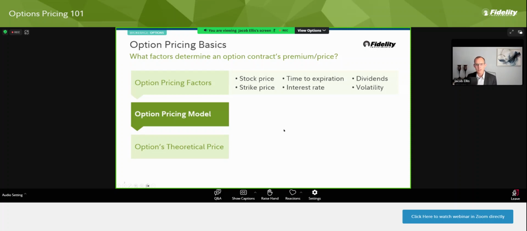As we go ahead and jump into this, I want to explain a little bit how this comes to light. The way this works is that an options model was developed by Misters Black and Scholes, who were the two who first came up with it. And as a result, you may have heard of the Black-Scholes options pricing model.